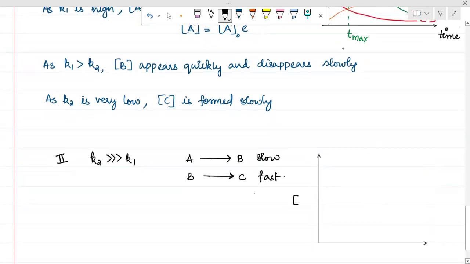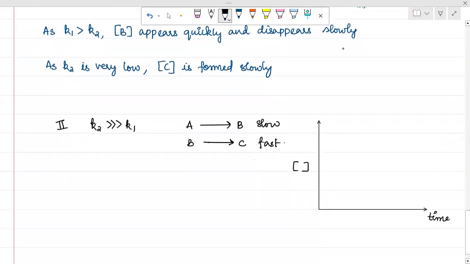We have concentration of the species along the y-axis and time along the x-axis. What can we see? In the first step, where A is disappearing, it is happening slowly. So A disappears slowly.